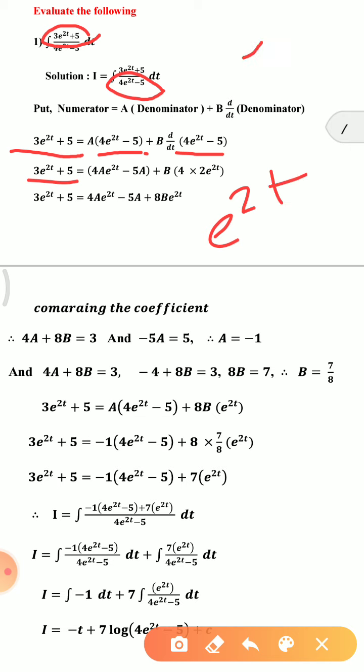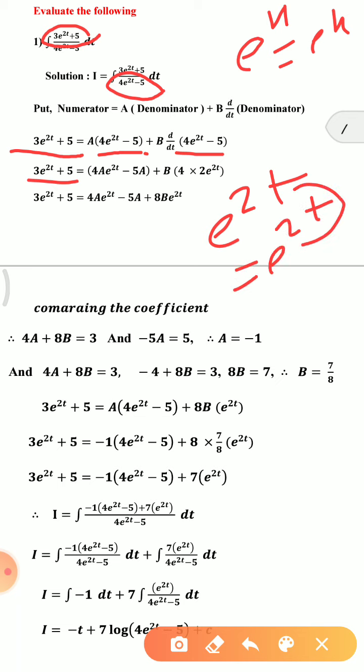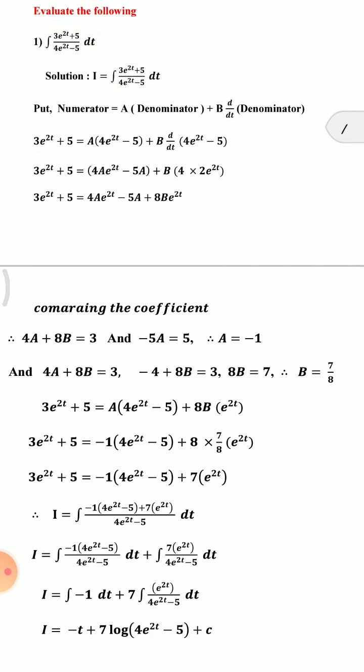You have to know the derivative of e^x is e^x. So the derivative of e^(2t) is e^(2t) times the derivative of 2t, which is 2, giving 2 e^(2t). So 3 e^(2t) + 5 = 4A e^(2t) - 5A + 8B e^(2t).